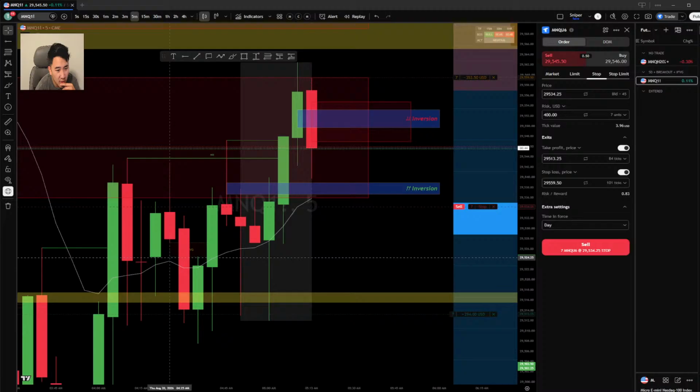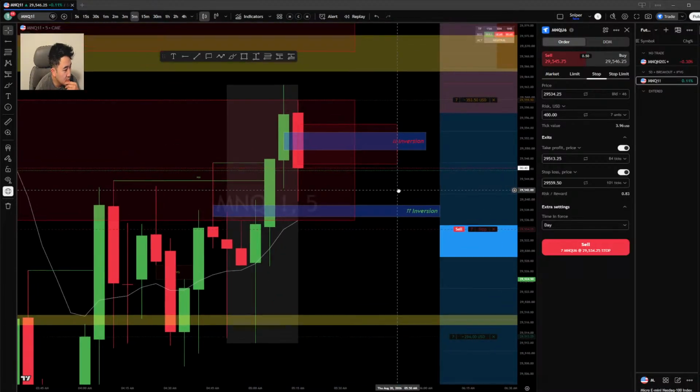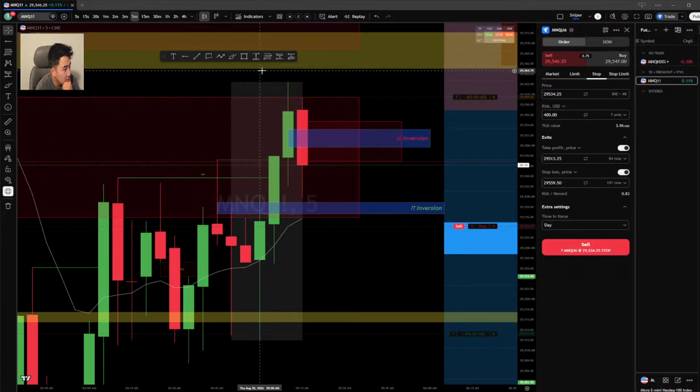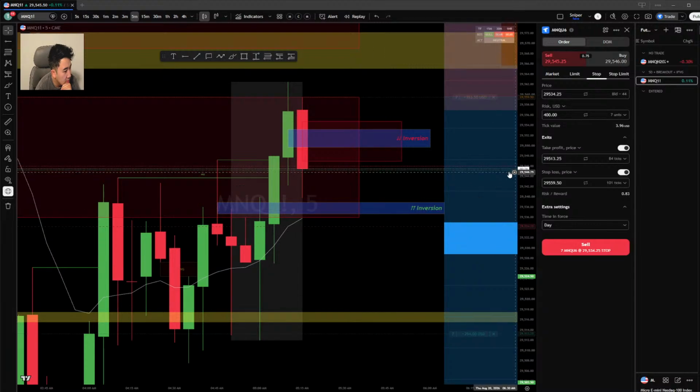So that's what I'm looking for on the 5-minute time frame for that setup. On the 1-minute, I'm looking to take off on this bullish inversion, right? The only thing is we have this 1-minute bearish zone right here. Let's see, we got 32 seconds left on this candle. It's got 20 seconds.